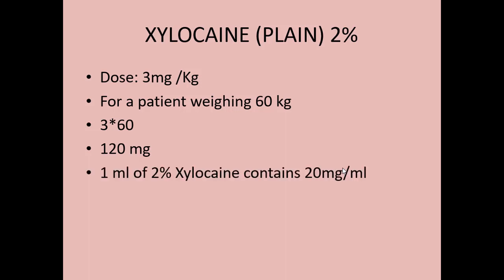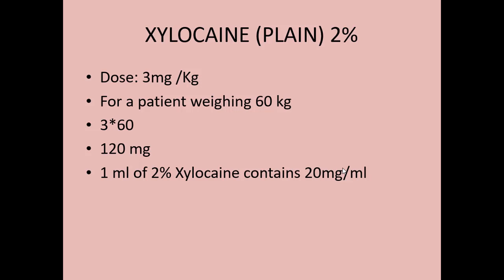Okay, so if you know the percentage of the local anesthetic, then it is much easier. That's why in your exam question we will always give the weight of the patient and the percentage of local anesthetic. You have to focus on that, because for example, if we are using 2% xylocaine, that means in 1 ml of this there will be 20 mg.